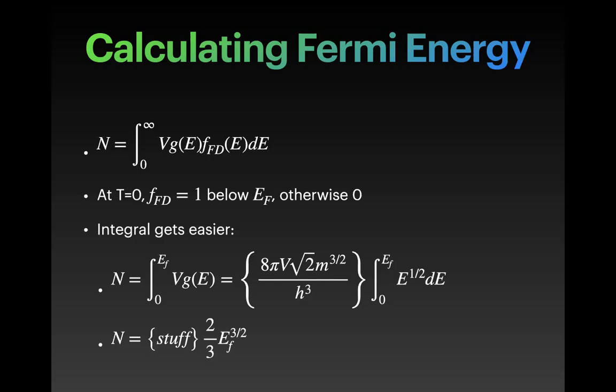That's an integral we don't have to look up, and it doesn't give us weird square roots of pi. It's just a power, E to the 1/2. Integrating from 0 to E Fermi gives us all that stuff in brackets times 2/3 E Fermi to the 3/2. But what we really want to do is solve this algebraic equation for the Fermi energy.